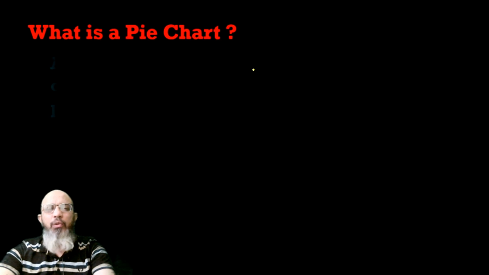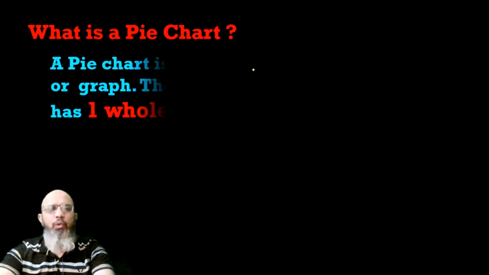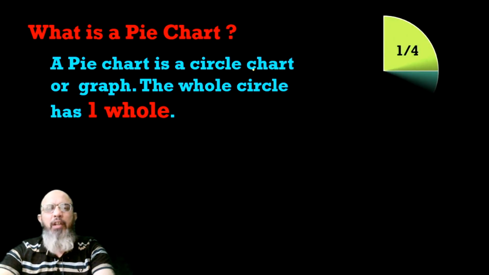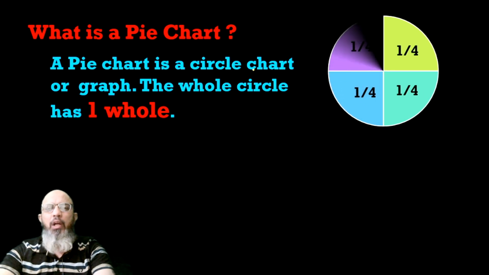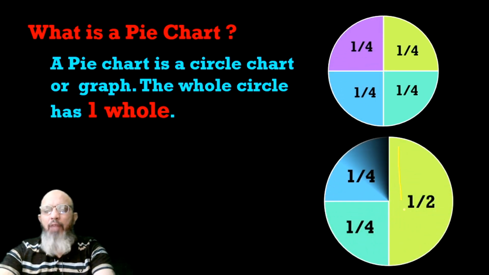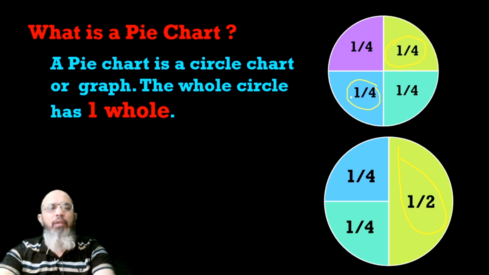So first of all, what is a pie chart? As you know, a pie chart is basically a circular chart, and there are three types of circles we can show. One circle shows the whole, meaning one, and when we divide it into half, it shows 1/2, and when we divide it into fourth parts, each part shows 1/4.